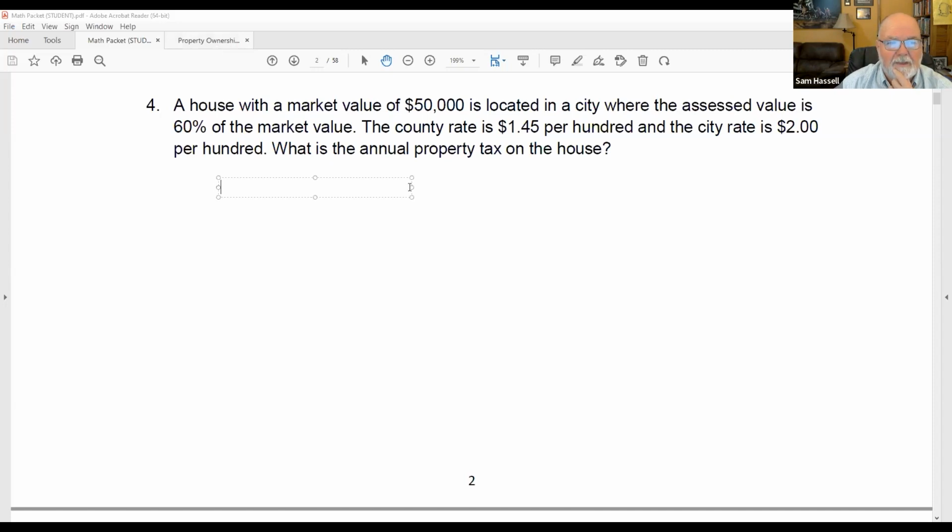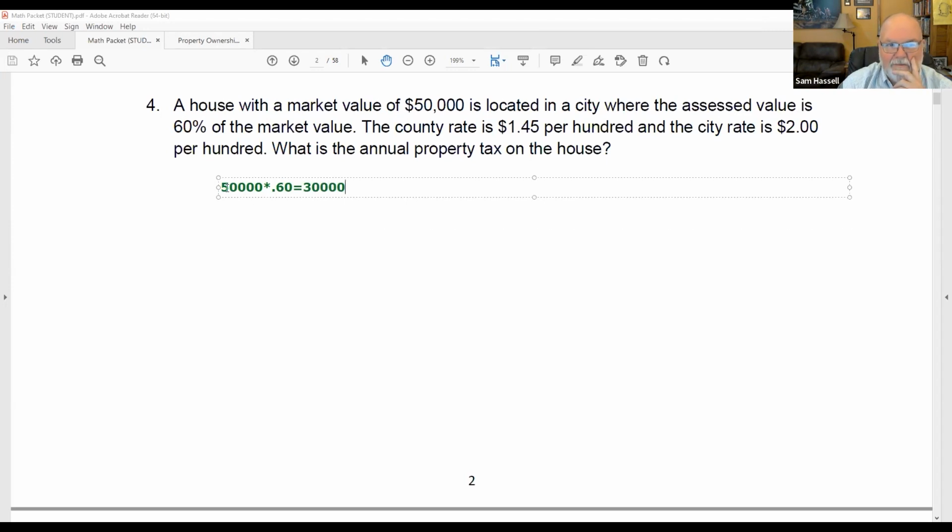All right, so the first thing we have to look at here is we have to change our market value because we're assessed at only 60% of our market value. So 50,000 times 60%, or 0.60, is going to be $30,000. That's going to be our taxable value.